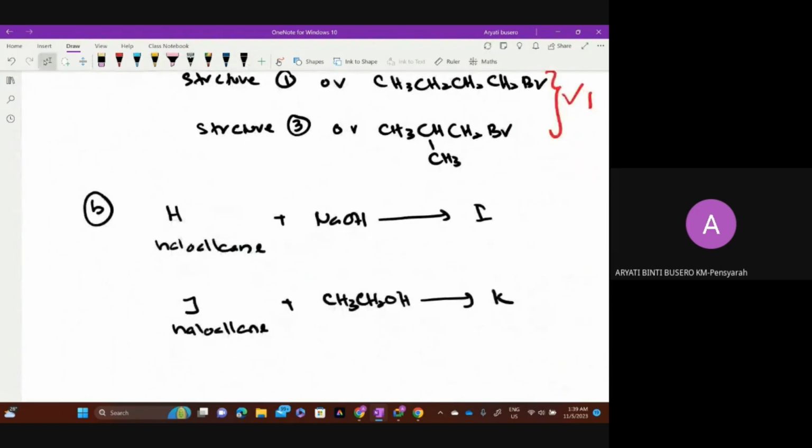So untuk nak tahu haloalkane yang mana, kamu kena tengok NaOH dan CH3CH2OH.